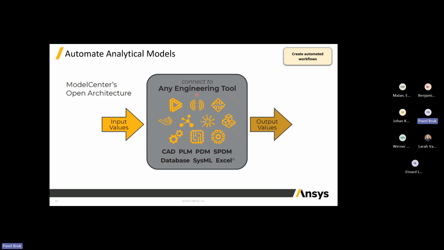It's built so that you can connect any engineering tool or any other tool to the workflow. You basically can create a kind of black box, which describes the particular application, accepts particular input values, runs the application, executes the tasks and analysis you want, and then provides you with the output values, which can then serve as an input to the next stage of the workflow.